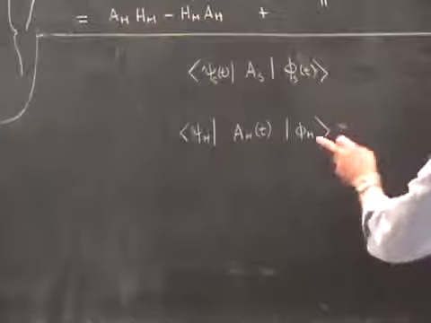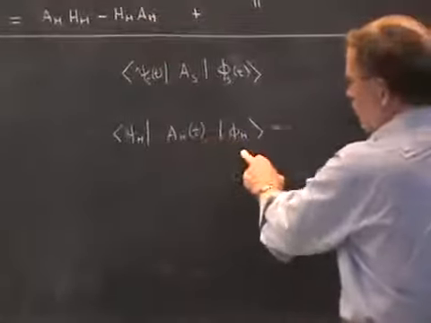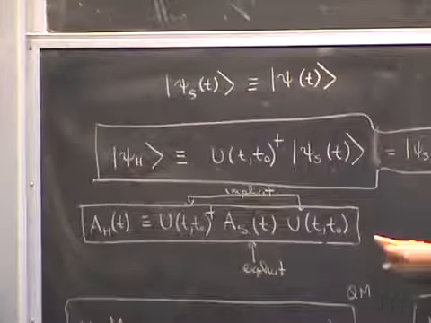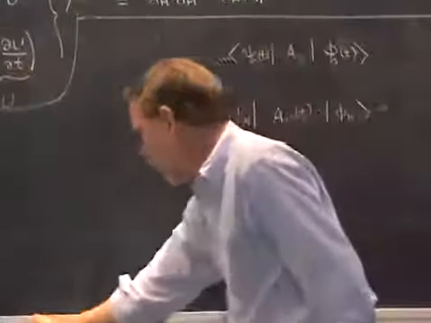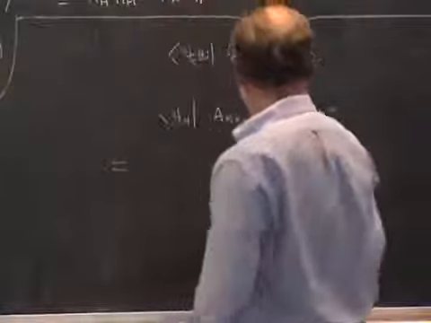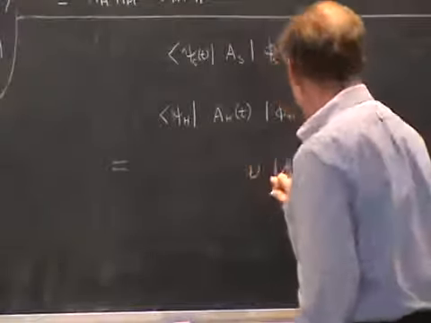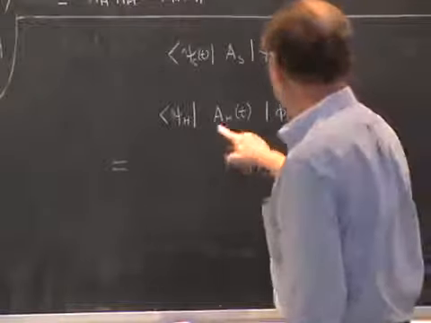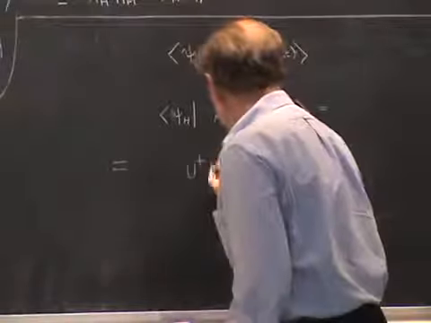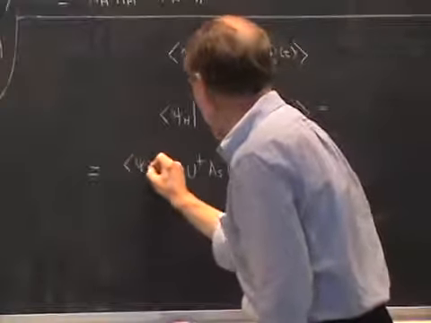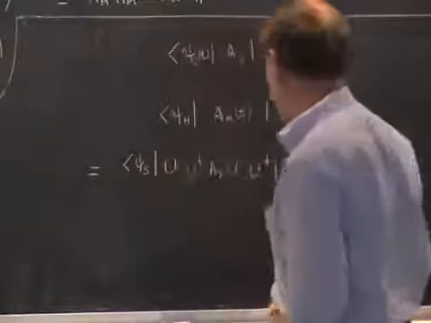If we take the definition of the Heisenberg Kets here, and the Hermitian conjugate of it, and likewise for operators, and just substitute it in, what you get for this last line, this Heisenberg line, is that, on the right, this is going to turn into phi Schrödinger times U dagger. The AH is going to turn into U dagger A Schrödinger times U. And then the psi H ket is going to turn into U times psi Schrödinger.